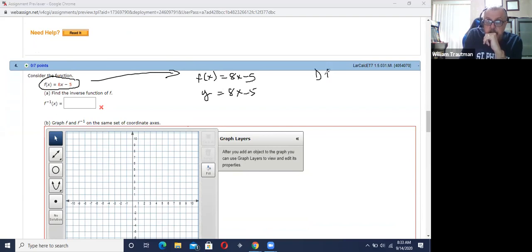Step 2, switch the x and the y. In other words, the y is now the x and the x is now the y. And then step 3, solve for y.